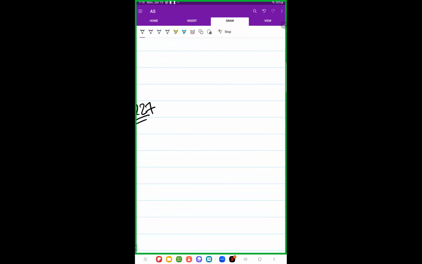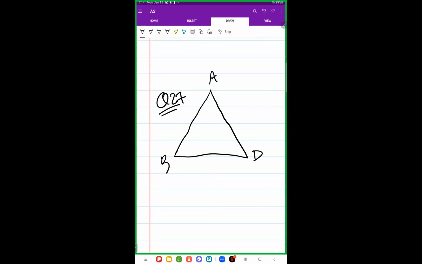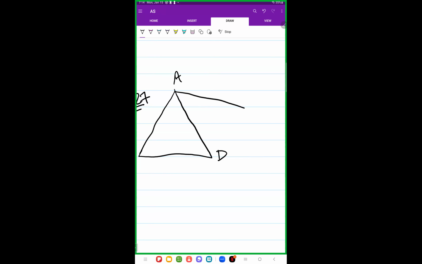27 says ABD, CBD, and ADC are all isosceles. What are isosceles triangles? Where two sides are equal. Yeah, exactly. Two sides and two angles are equal. So let's say this is ABD, and this is ADC, let's say, and CBD.